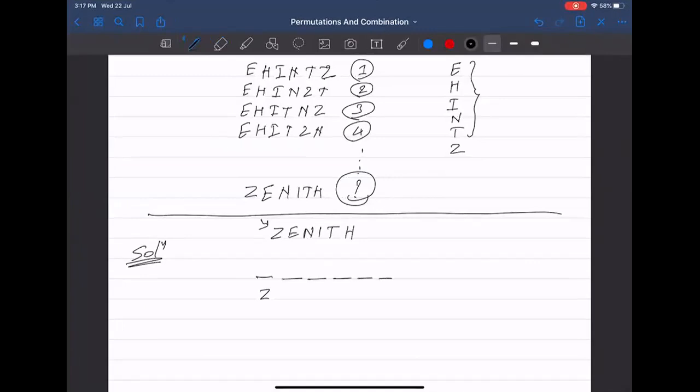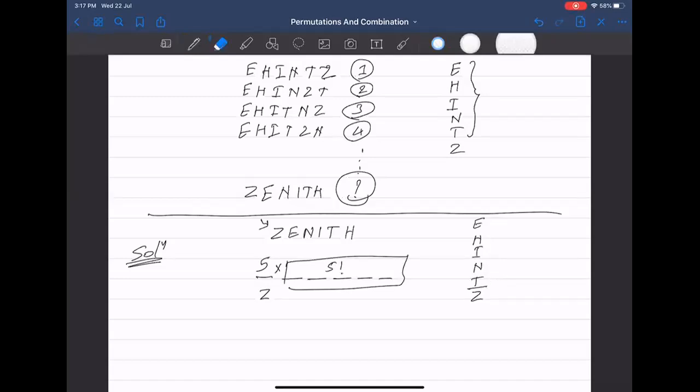तो उसके लिए क्या करने का बेटा, ये देखो, EHINTZ. तो Z के ऊपर की कितनी वस्तुएं वो काउंट करो. 1 2 3 4 5. So 5 into this 5 could be anything. So 5 factorial.